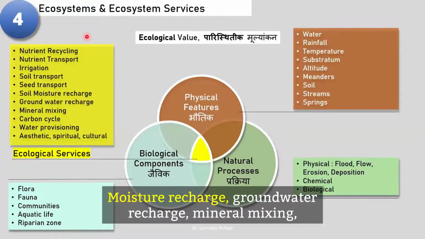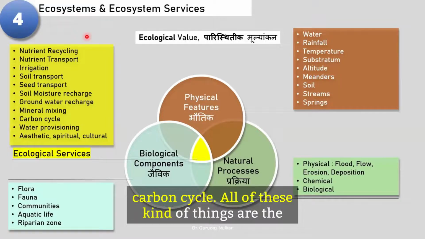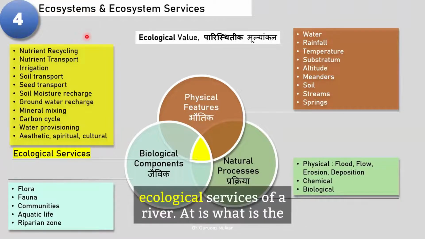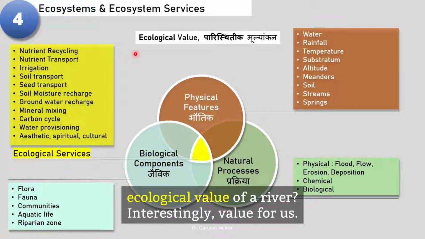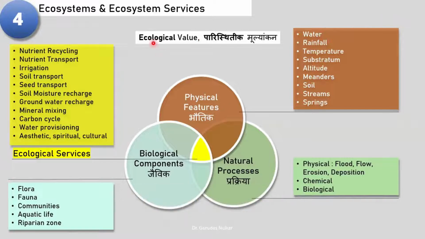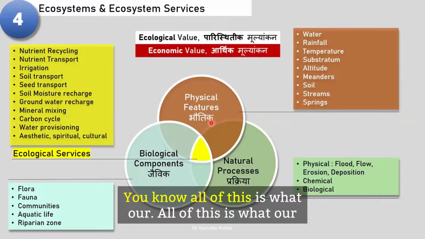Soil moisture recharge, groundwater recharge, mineral mixing, carbon cycle. All of these are the ecological services of a river. And that is the ecological value of a river. Interestingly, value for us.